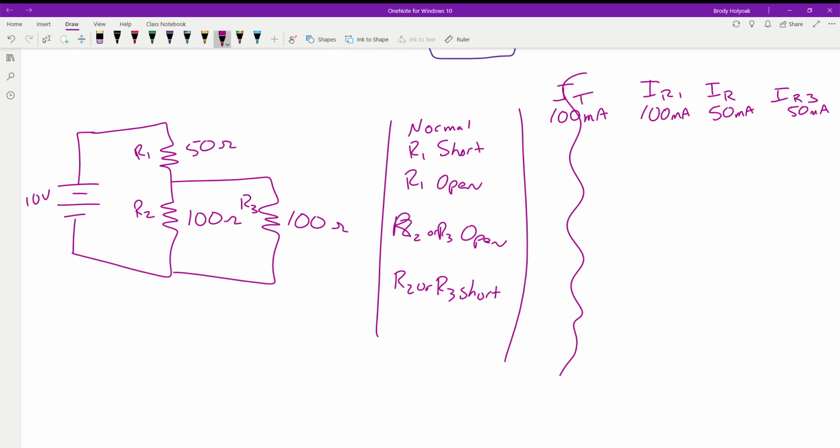Okay, so if R1 was shorted, what would the current be through R1? If R1 is shorted, what's going to be the current going through those points? All of it, but it's going to change because how much resistance is R1 now? 0. So now, how much current are we going to have going through this guy?